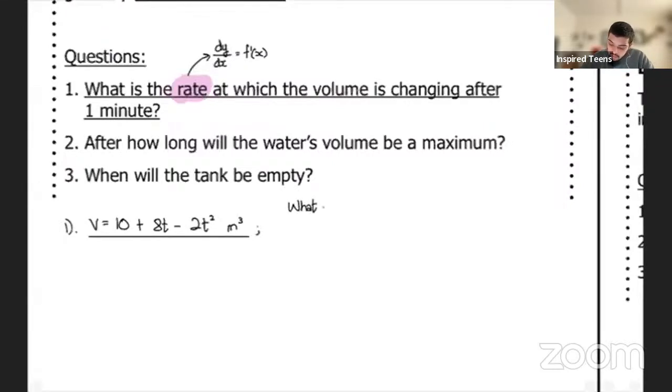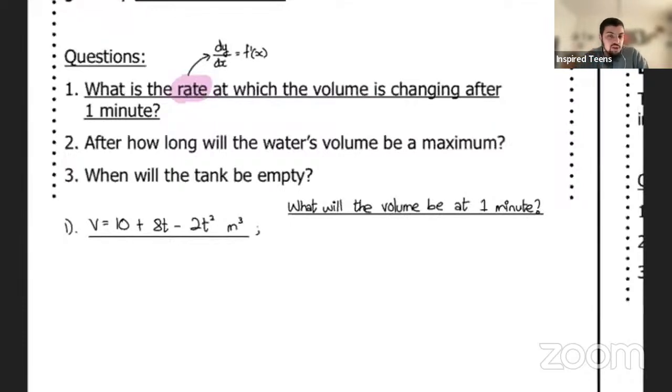Now just say they had a question: what will the volume be at 1 minute? Okay, so this is a different question. They don't want to know the rate at which the volume is changing after 1 minute.